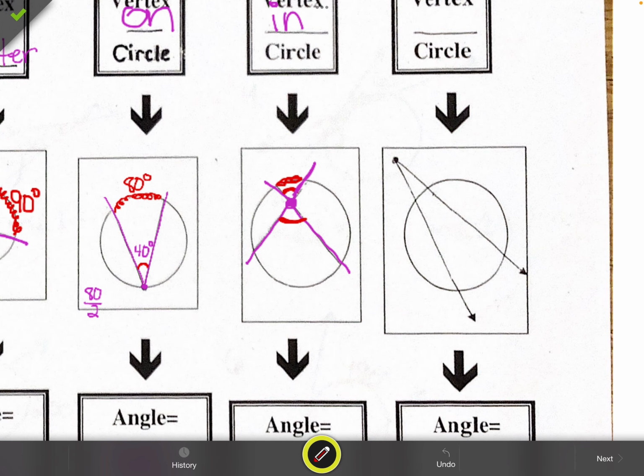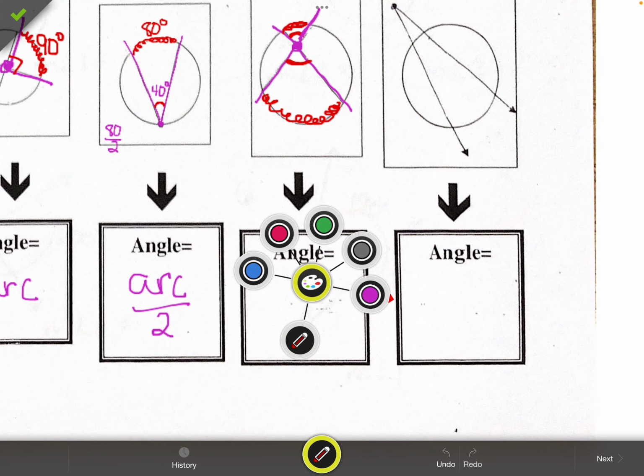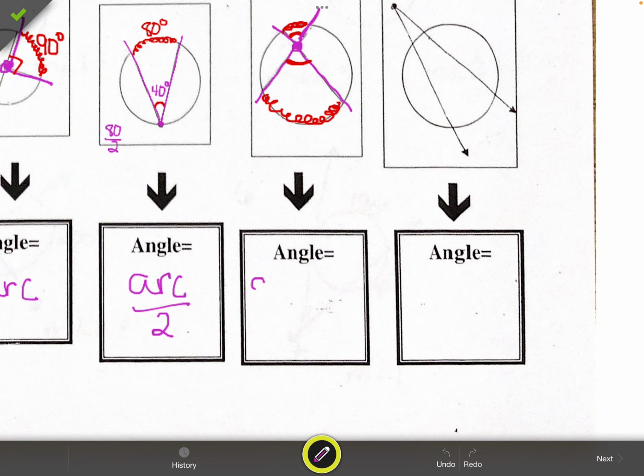I need this arc and I need this arc. To find the angle measure, the formula is you take the two arc measures and you divide by 2. You add the two arcs and divide by 2.